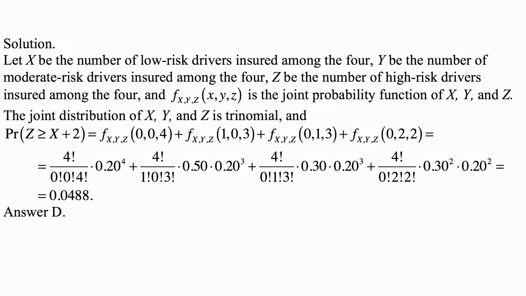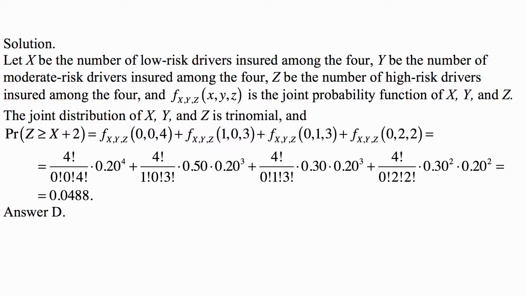So the number of ways to pick all high-risk drivers out of 4. There are 4 people there, and how many ways do we have to arrange the various risk drivers among the 4?